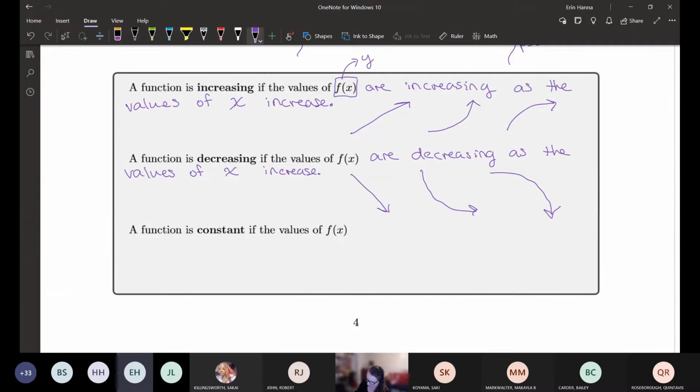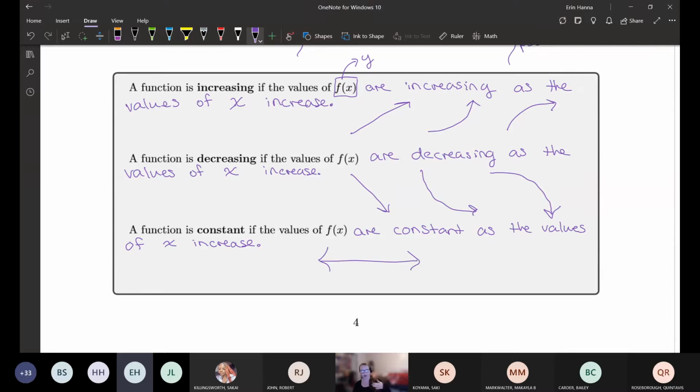A function is constant if the values of f of x are constant as the values of x increase. And there we kind of only got one option.